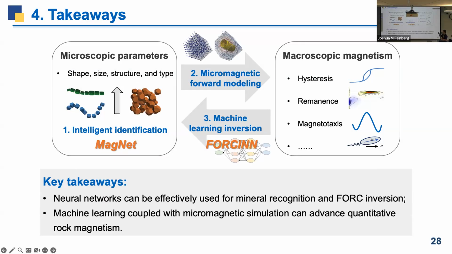And we also build a FORC inversion framework, based on the FORC diagram, to predict shape and size information. So these two frameworks prove that neural networks can be effectively used for mineral recognition and FORC inversion, and that machine learning coupled with micromagnetic simulation can advance quantitative local magnetism.